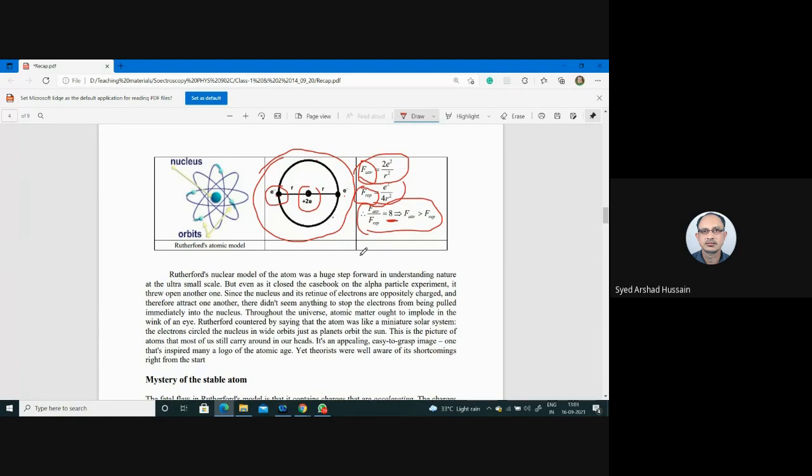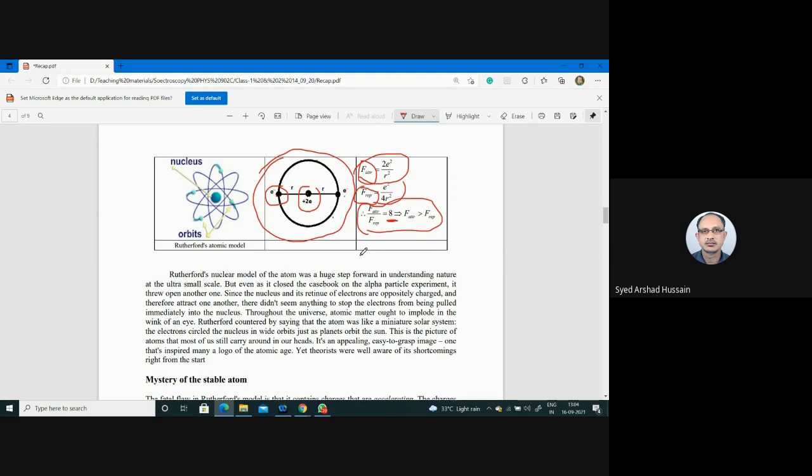While electrons revolve around the nucleus, they will feel a centrifugal force outward along the radius. So this mechanical centrifugal force will balance this excess force of attraction, so that as a whole the atomic system is stable.